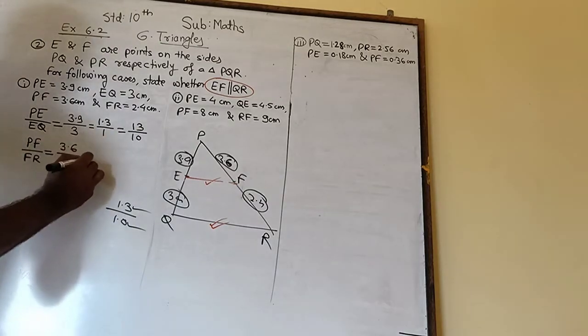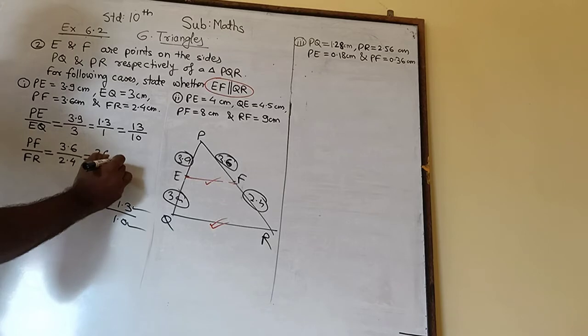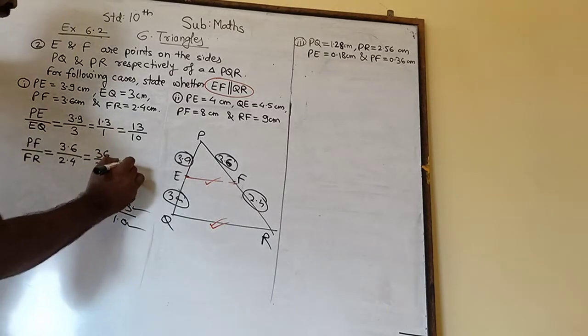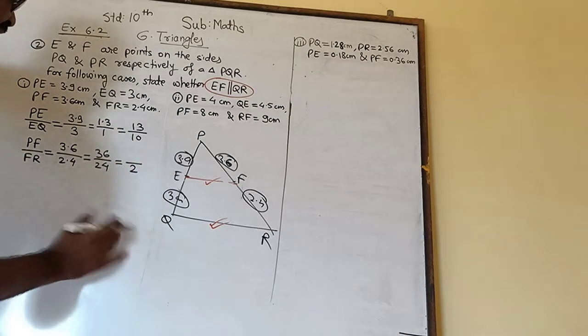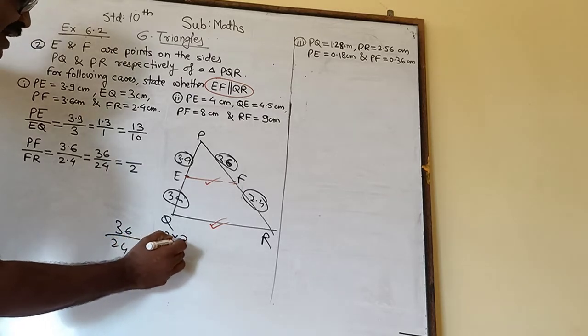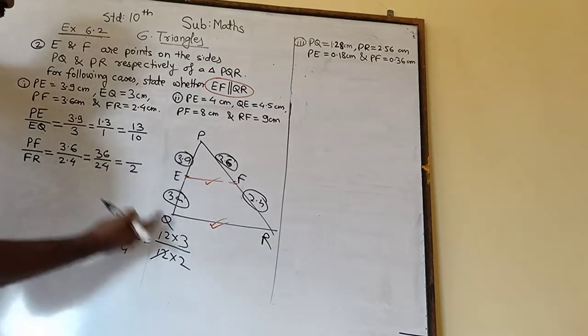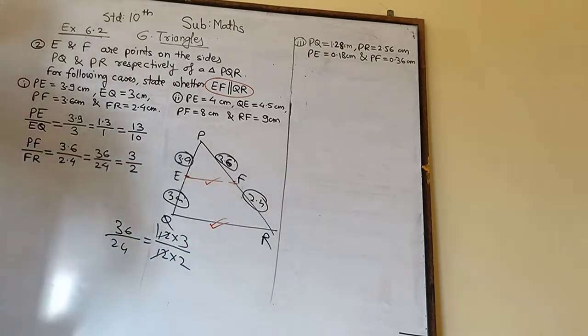So we can take out the decimal point very easily. We can write 36 upon 24. Now students, if we divide 36 and 24 by 12, 12 3s are 36 and 12 2s are 24, so 12 cancels.